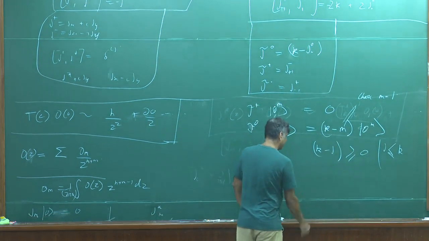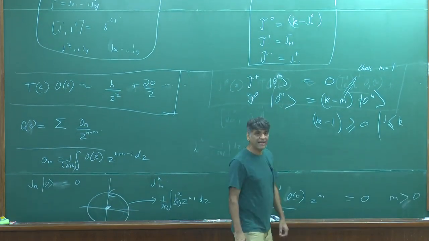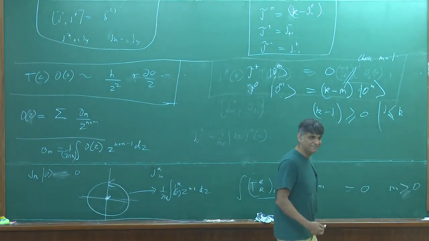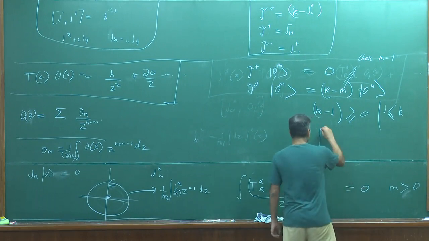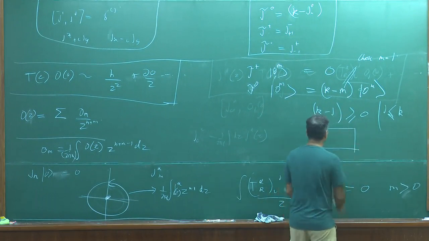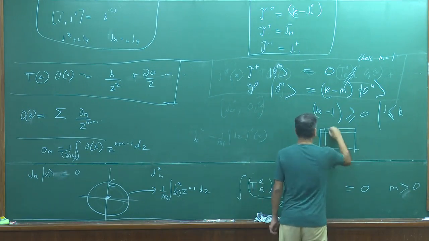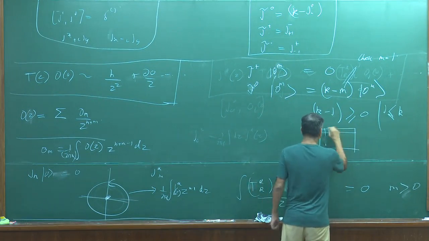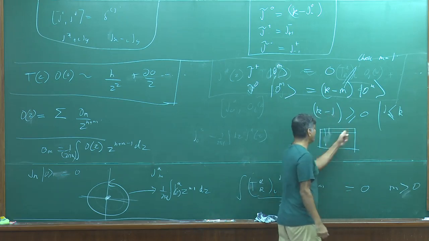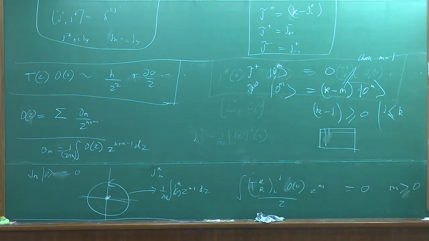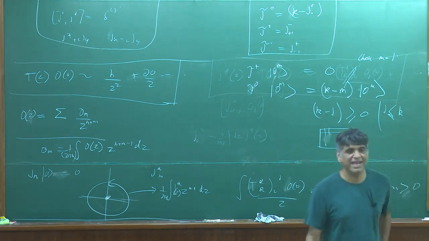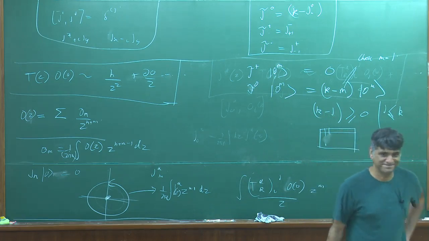We will, of course, review all this later, but I'll just quickly tell you the generalization of this to SU(N). In SU(N), representations are labeled by Young tableaux. The generalization of this statement is that the first row of the Young tableau, which is the largest row, cannot have more than k boxes. It can have k or fewer than k boxes, but not more.